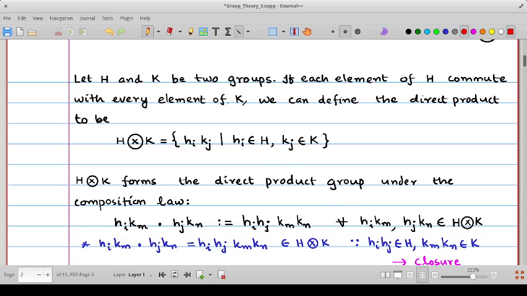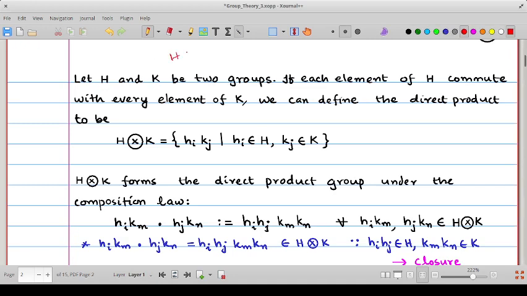We can also write this in a slightly different way. So consider two groups H and K, and if each element of H commutes with every element of K, we can define the direct product H direct product K to be equal to the set of elements Hi Kj, where Hi are elements of the group H and Kj are elements of the group K. And this kind of a definition is particularly useful when H and K are subgroups of the same group.